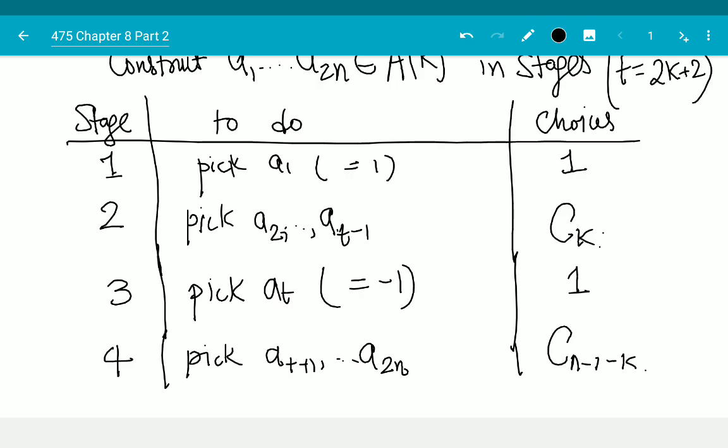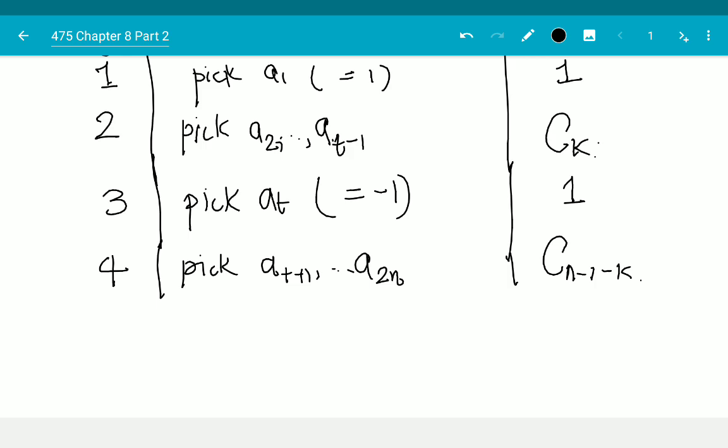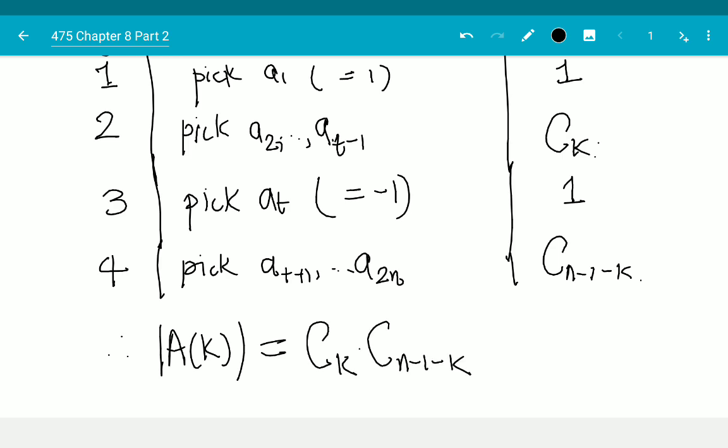And that means the total number of sequences I can have in Ak: the first half has Ck choices, the second half has C(n minus 1 minus k) choices. So the size of Ak is Ck times C(n minus 1 minus k).